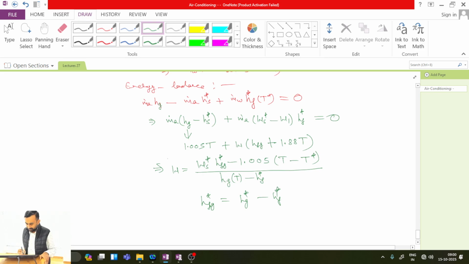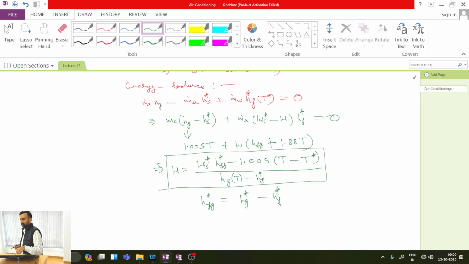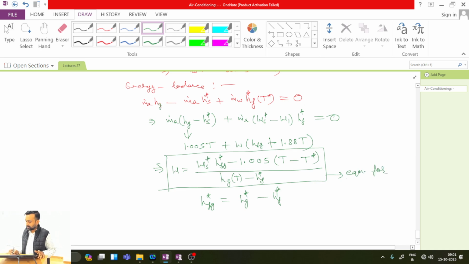Okay, so I have done some manipulations. How? You need to specify all these values in terms of Hf and Hg, and after that we can do these manipulations. So this is the governing equation for the adiabatic saturation chamber.